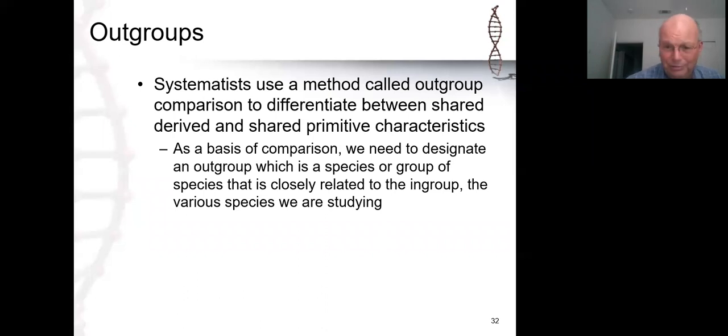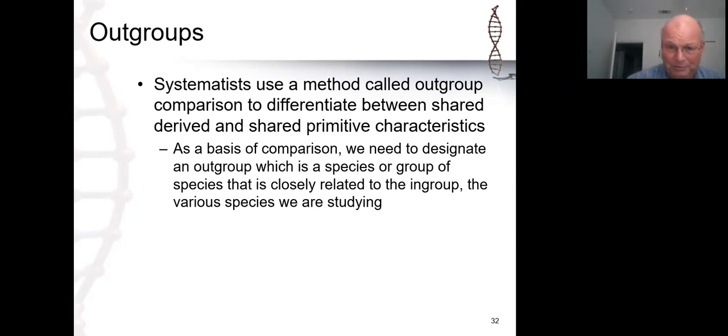Then you could consider the out group to be the quote unquote control group in cladistic analysis. It's the yardstick against which you are going to measure those individuals that you are assigning to the clade to identify what is a primitive characteristic, which you would expect to be found not only within the clade, but also in the out group, versus those characteristics that are derived, which you would expect to find in individuals that are in the clade, but not found in the out group.